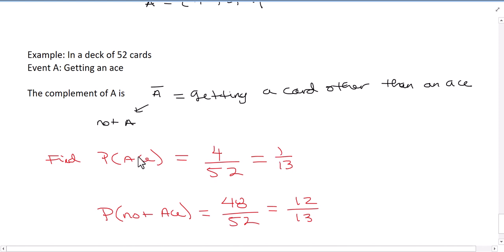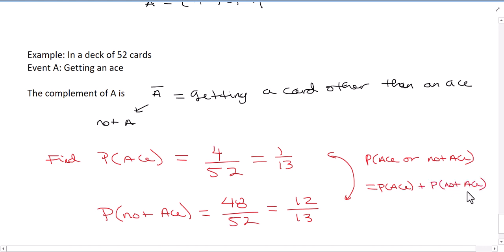Now notice that ace and not ace add up to 1. So the probability of ace or not ace is the probability of ace plus the probability of not ace, which is, what did we say, 1 over 13 plus 12 out of 13.